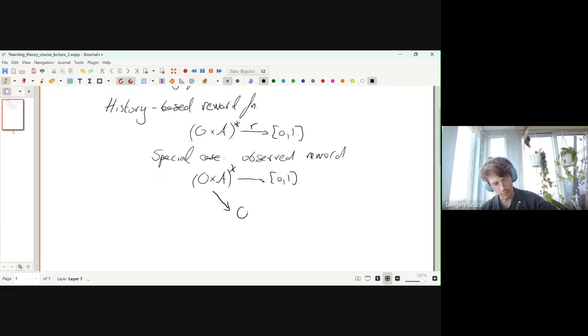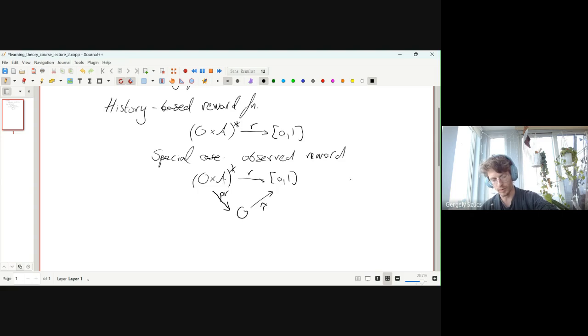So if we just project out to what we last observed, and the reward is of the form where there's some R tilde, we observe something and part of that observation is what the reward is. This can be thought of as the reward being directly observed.